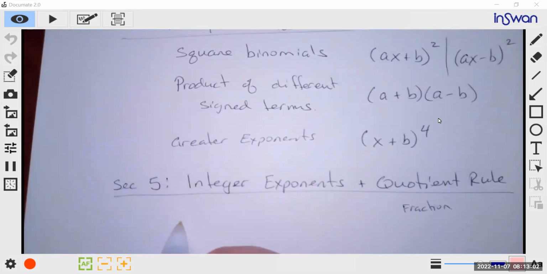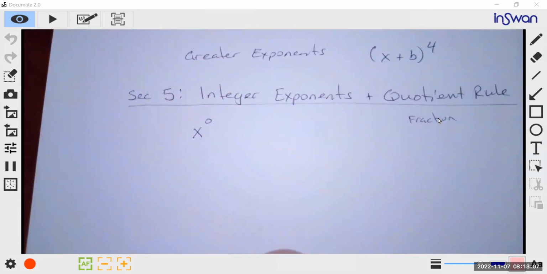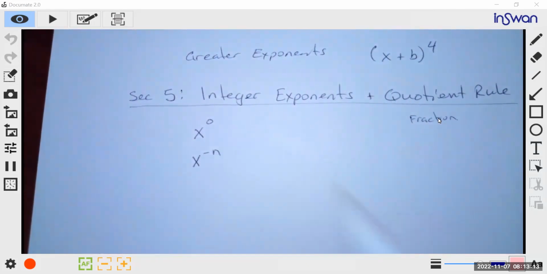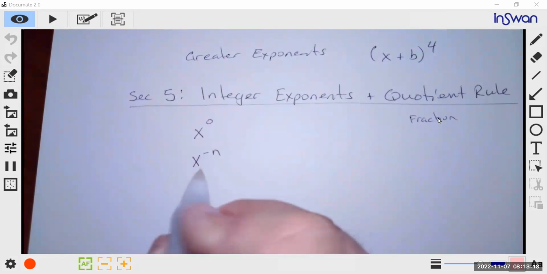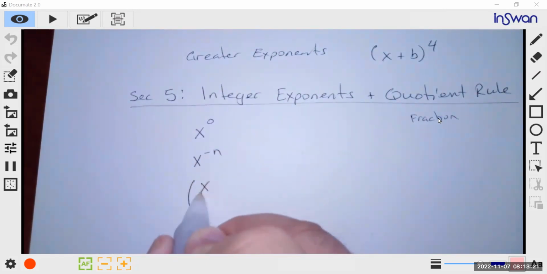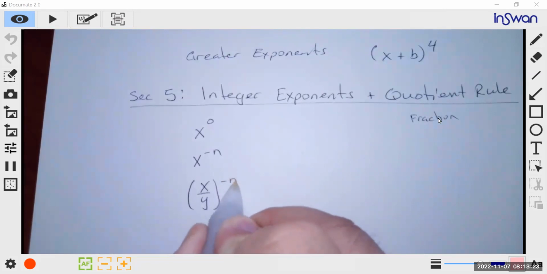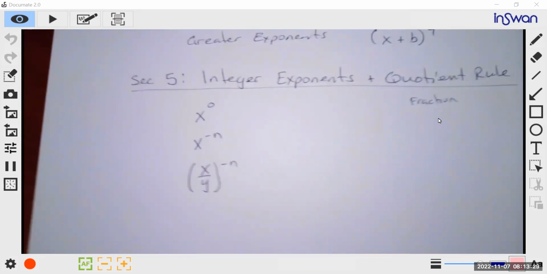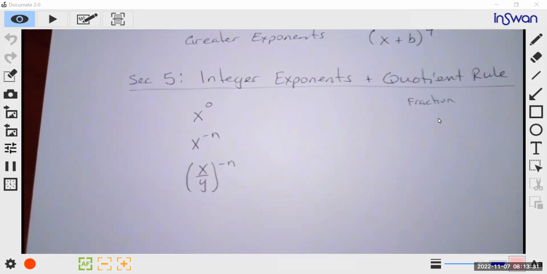In this section, we're going to discuss when things have a power of 0, when things have a negative exponent, when a fraction is raised to a power or raised to a negative exponent. And then we're going to look at combining all the rules. That's just because everything can happen. There's just mix them up.